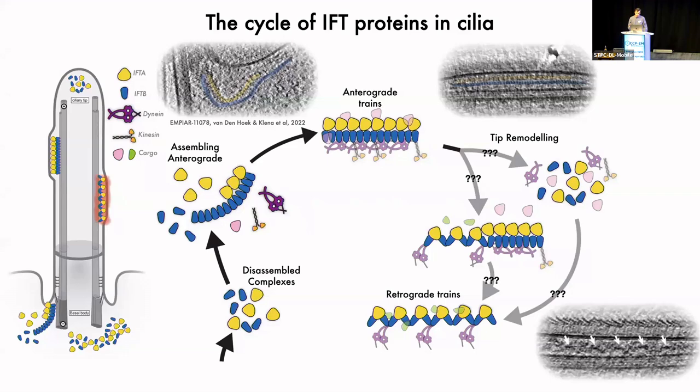When we look at these retrograde trains in our tomograms, they are a completely different structure. So they have much lower electron density, they're much more elongated, despite being made up of the exact same IFTA and IFTB complexes. And then back in the cytoplasm, the retrograde trains disassemble and we start the cycle again.